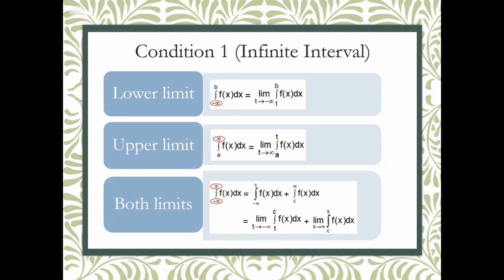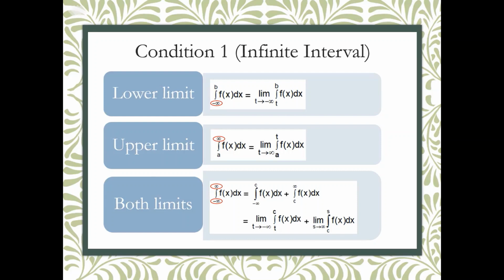That is, when it has negative infinity at the lower limit, or positive infinity at the upper limit, or negative and positive infinity on both limits. In total, there are 3 cases to be considered, and the method of solution to each case is given as follows.